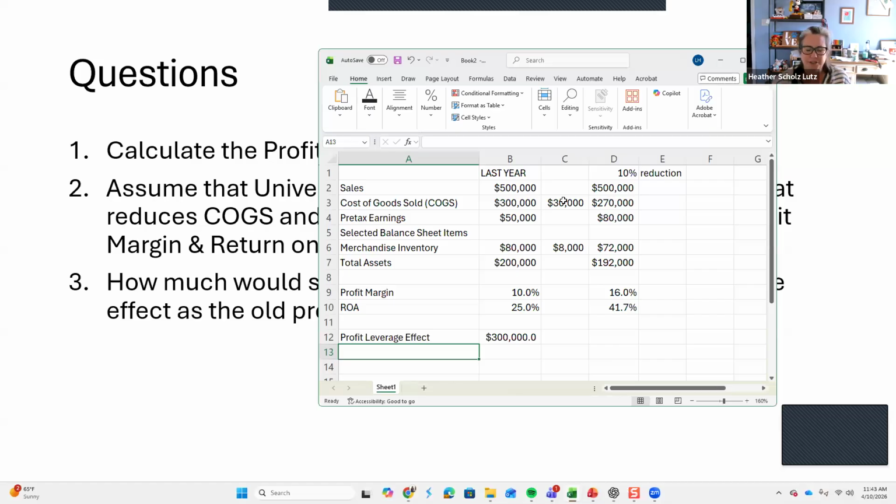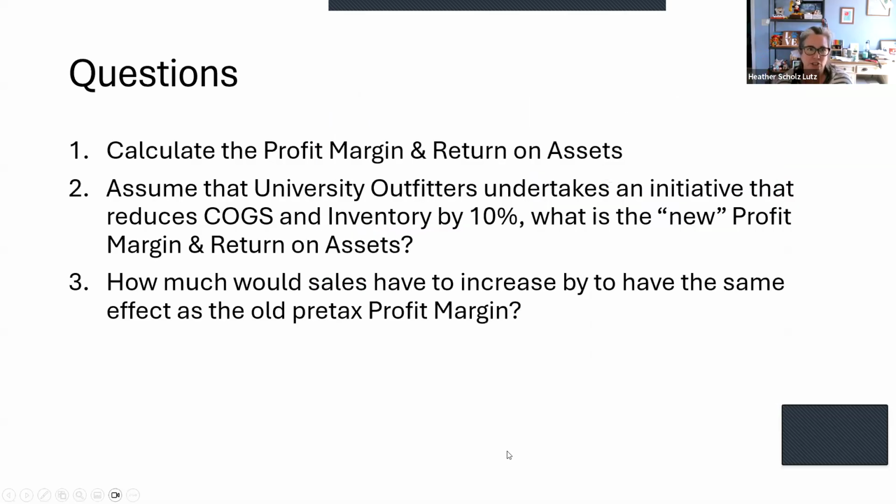Either the company can undertake an initiative, try to reduce their costs by 10%, so $30,000, to see their pre-tax earnings go up by $30,000. On the other side, if they wanted to focus on increasing their sales, they would have to increase sales by 300,000 in order to see their pre-tax earnings go up by $30,000. So that's what the profit leverage effect is trying to show you.